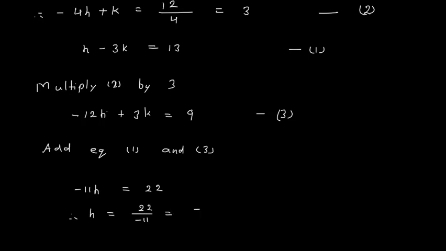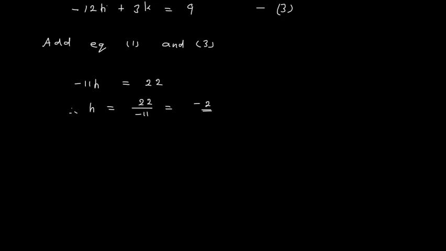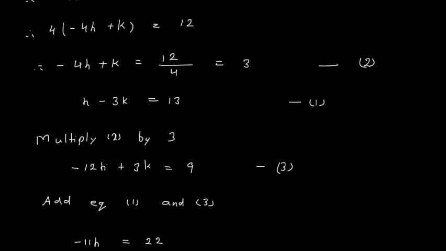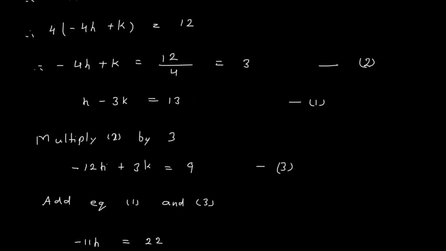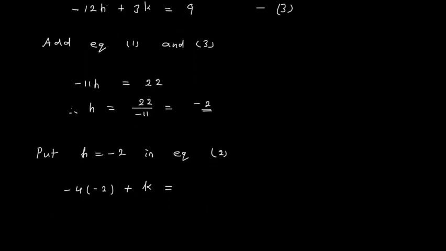And for k, I will put h equal to minus 2 in equation 2. So equation 2 is minus 4h plus k equal to 3. Minus 4 into minus 2 plus k is equal to 3. So this is 8 plus k equal to 3.